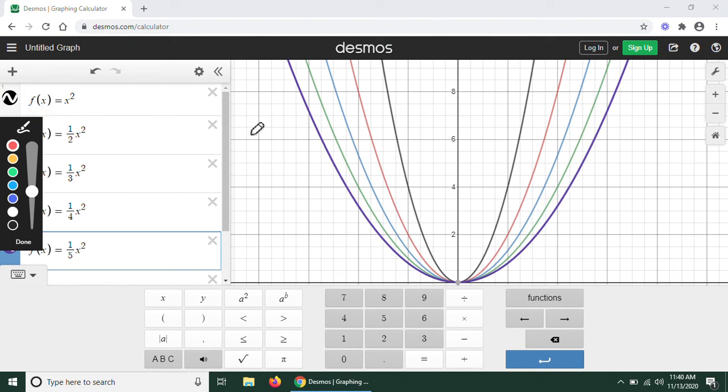Now notice when the number on the outside is a fraction which is between 0 and 1, the graph gets flatter.